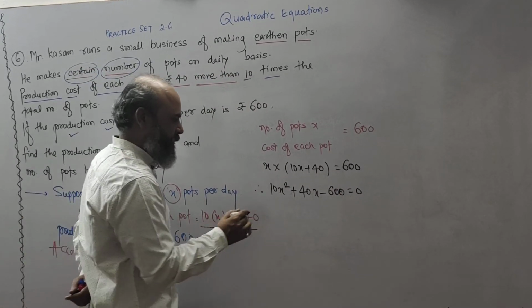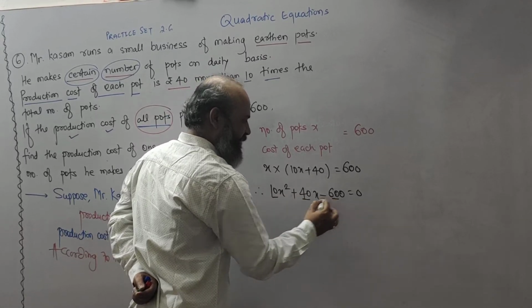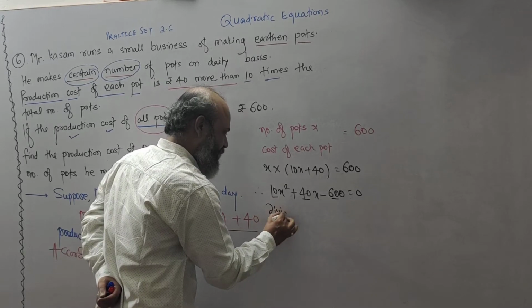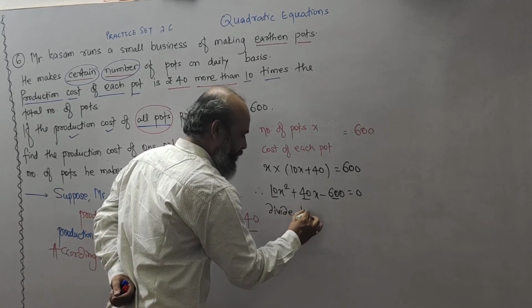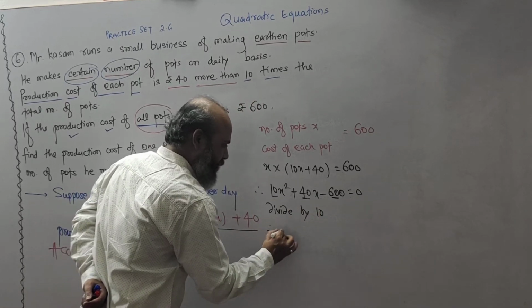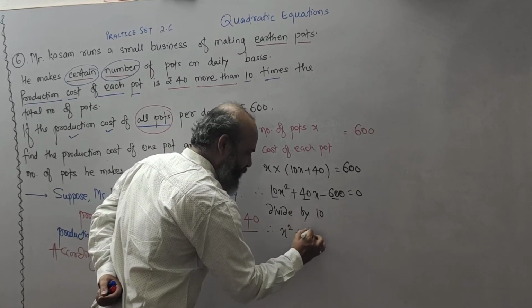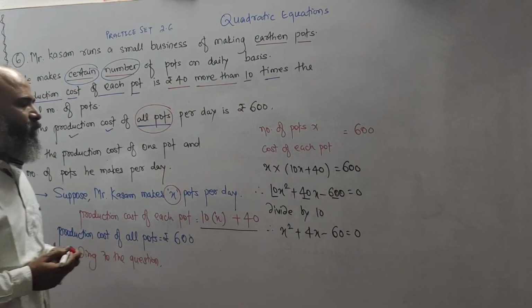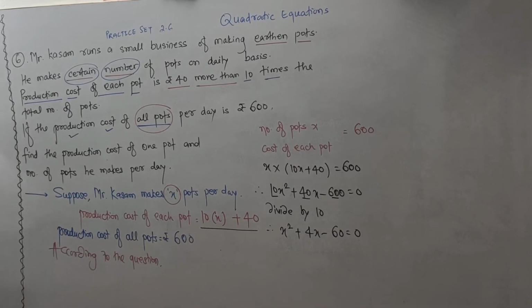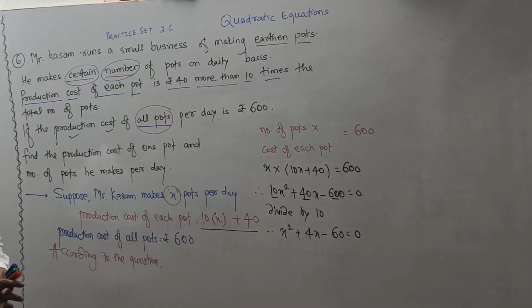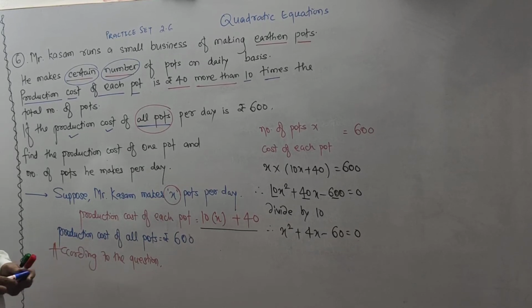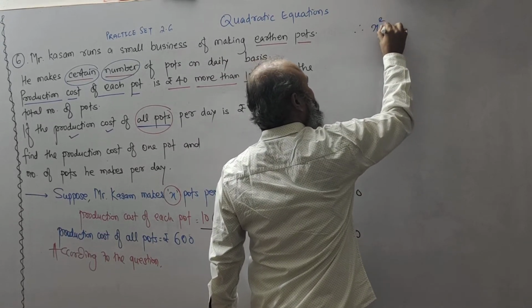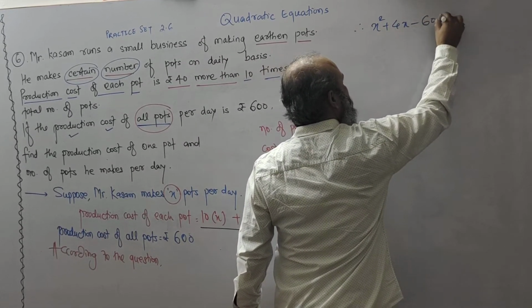Now each term is divisible by 10, so divide by 10. Therefore x square plus 4x minus 60 is equal to 0. This is a quadratic equation, and we know how to find the factors of a quadratic equation.